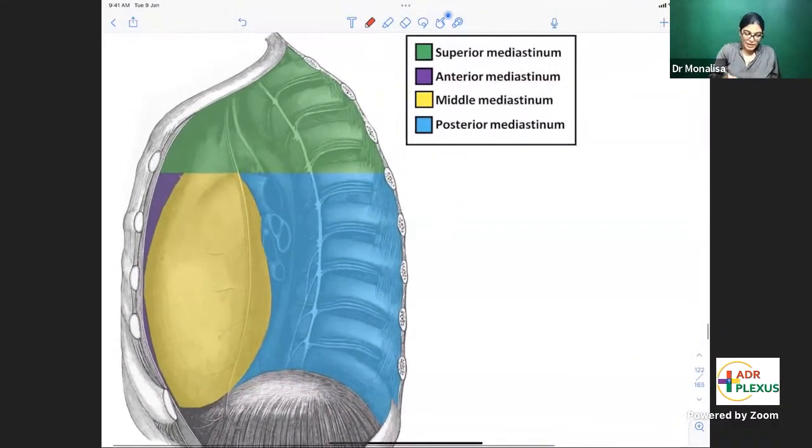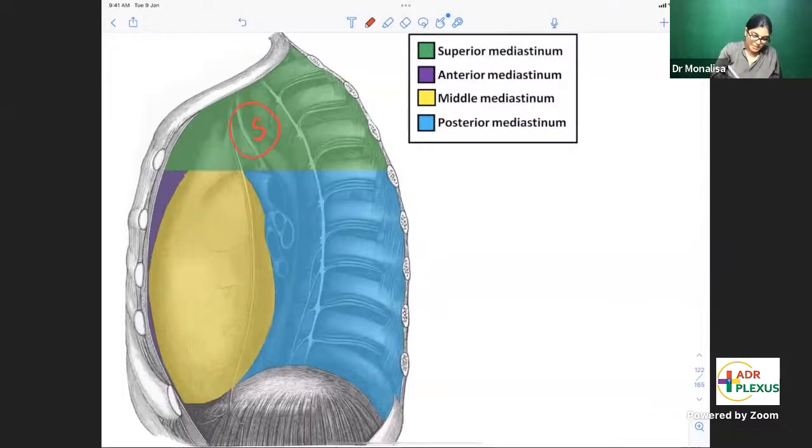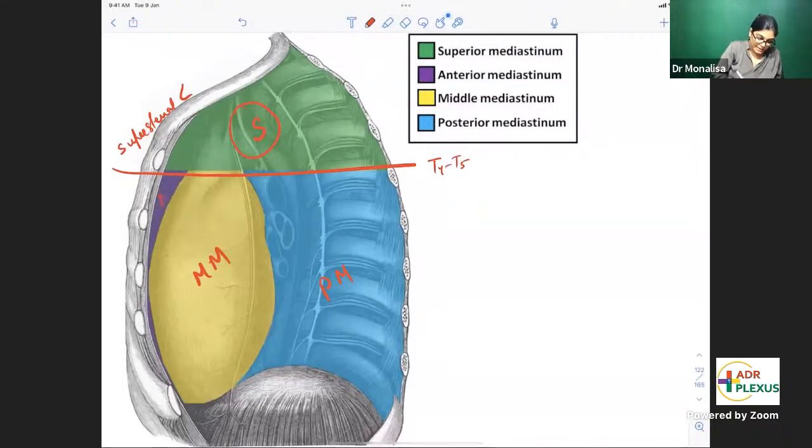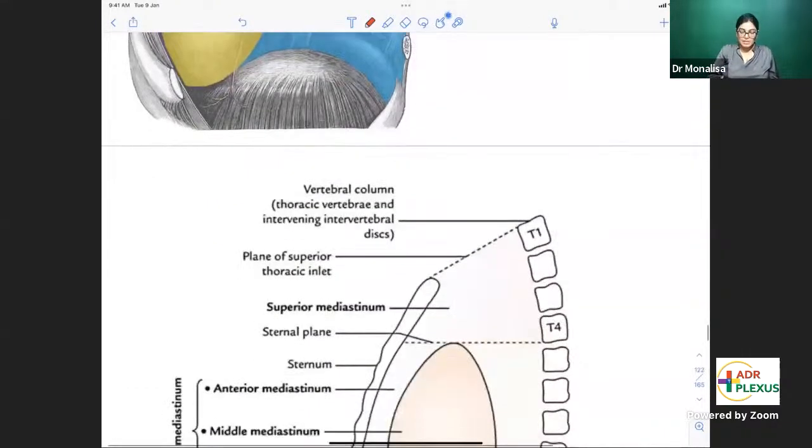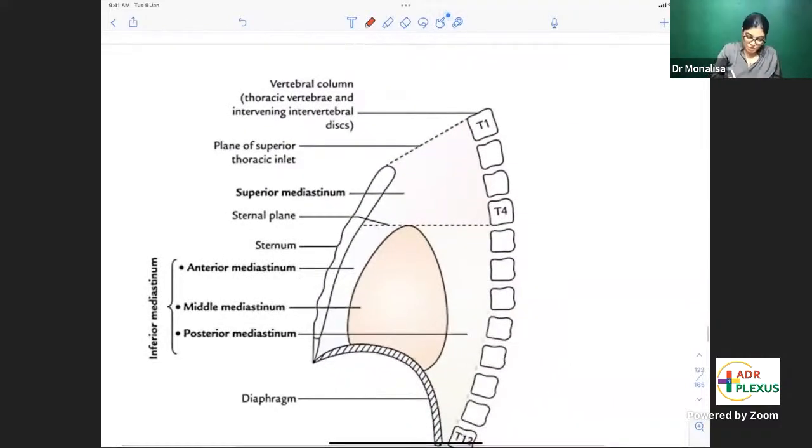See here, S is the superior mediastinum, lying above the level of T4 and T5 thoracic vertebra and the suprasternal angle. Below we have the middle mediastinum, posterior mediastinum and anterior mediastinum. This is how you can divide using the sternal angle and T4.